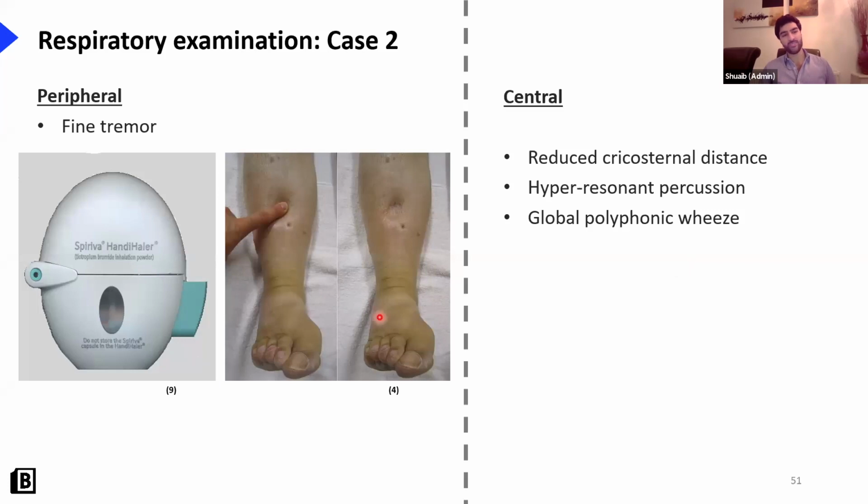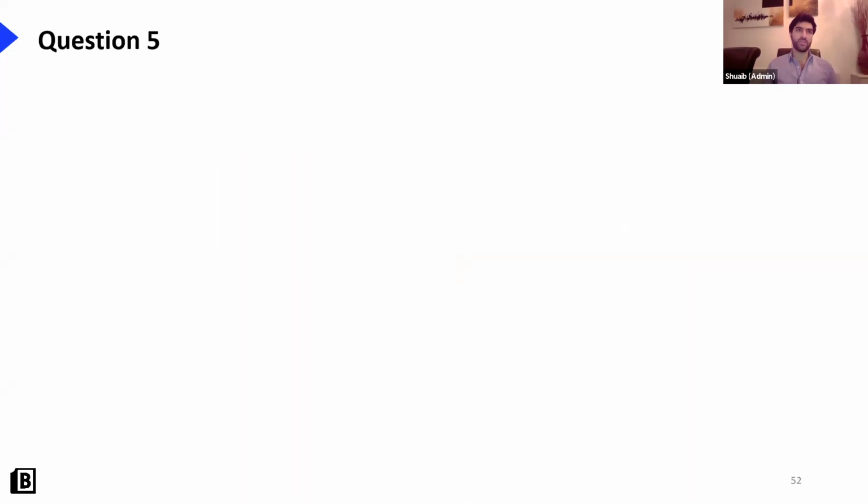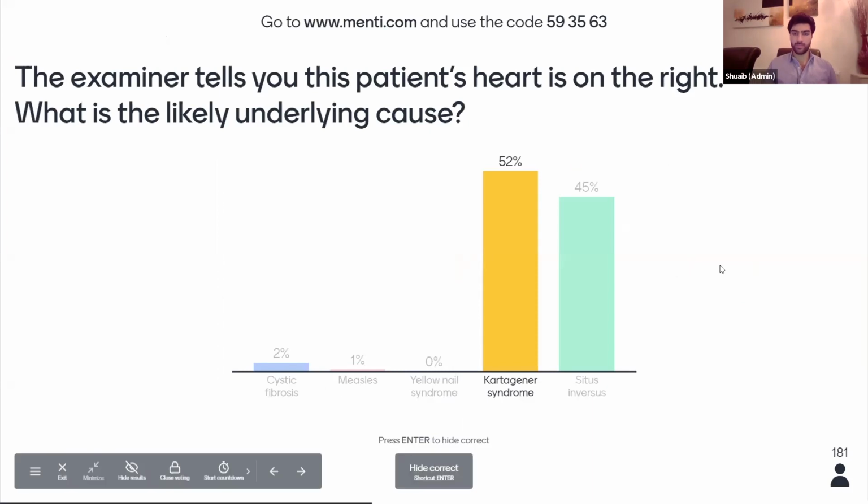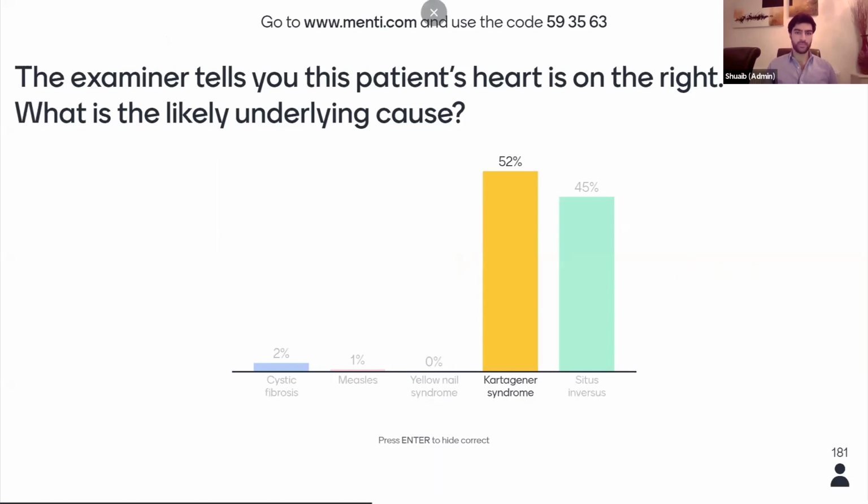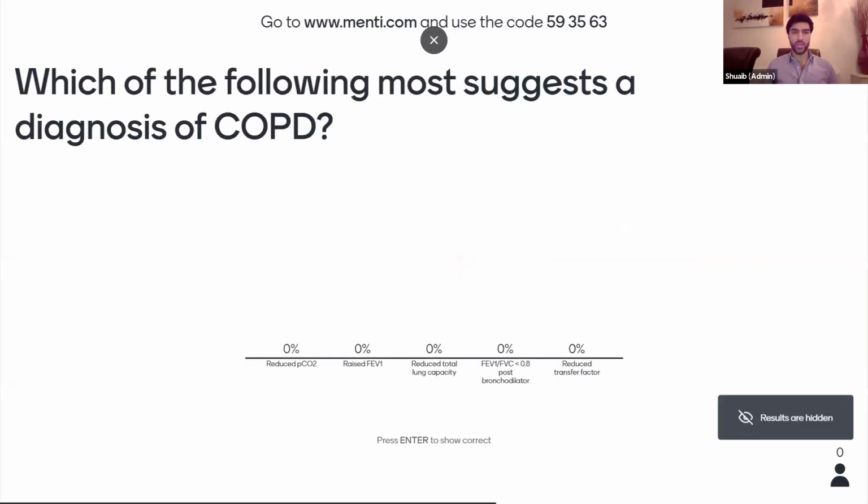Just taking the case, it's a fine tremor. Patient has that inhaler. They have pitting edema, reduced cricosternal distance, hyperresonant percussion, and a global polyphonic wheeze. Let's move on to the next question. Which of the following most suggests a diagnosis of COPD?